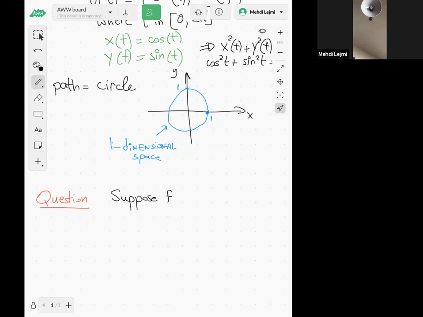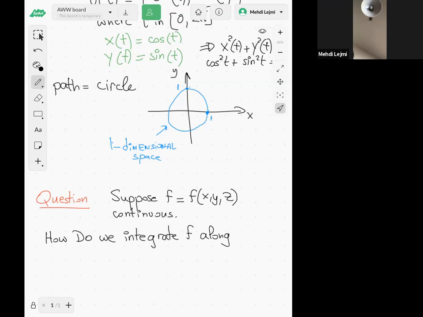So f is a function of 3 variables, of course a continuous function. And so the question is, how do we integrate f along the path or a curve gamma?